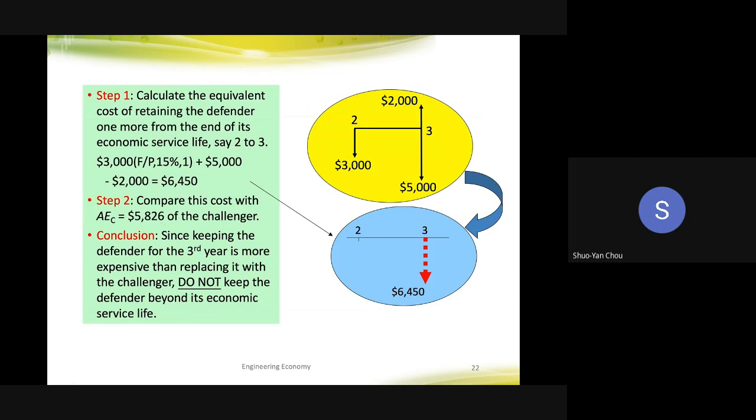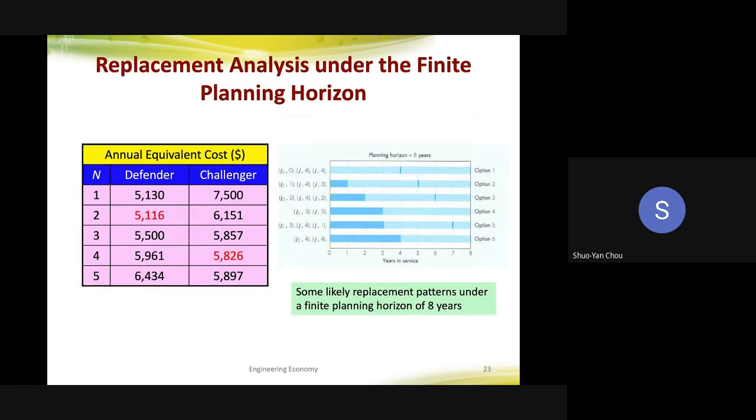That is if we have an infinite planning horizon. If we have a finite planning horizon, then there will be different possible combinations.